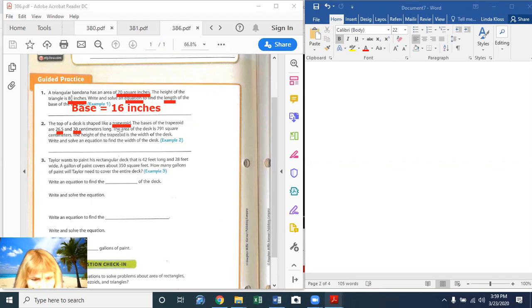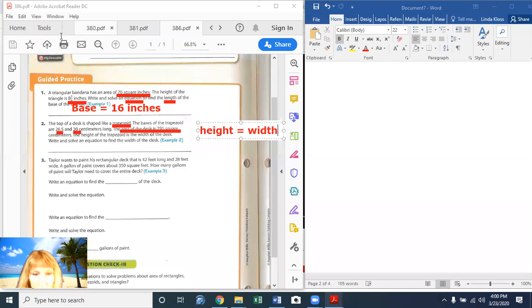The area of the desk is 791 square centimeters. The height of the trapezoid is the width of the desk. Write and solve an equation to find the width of the desk. So basically, we're trying to find the missing height. Height is equal to width in our situation with this problem. So that's what we're looking for.